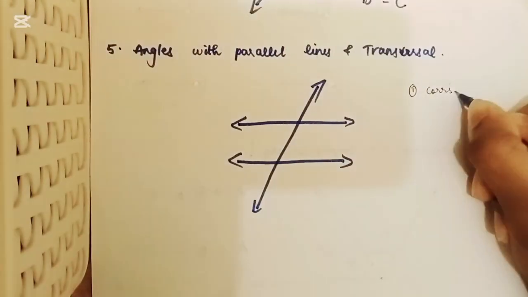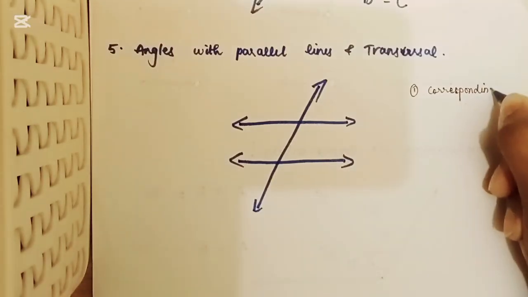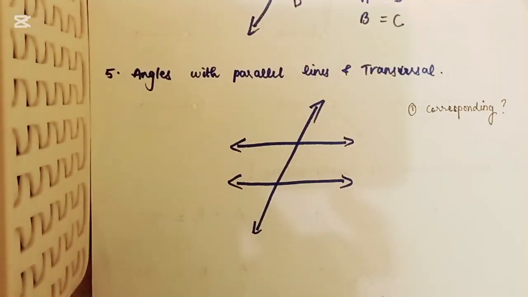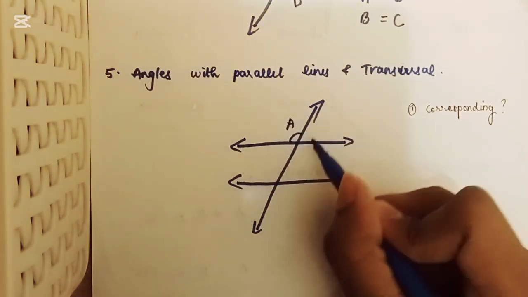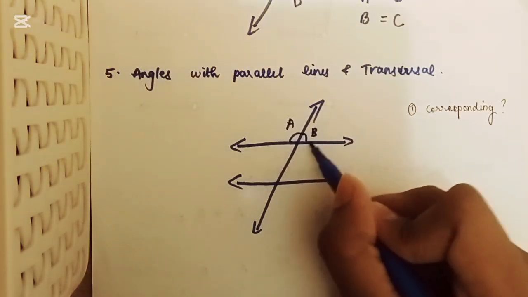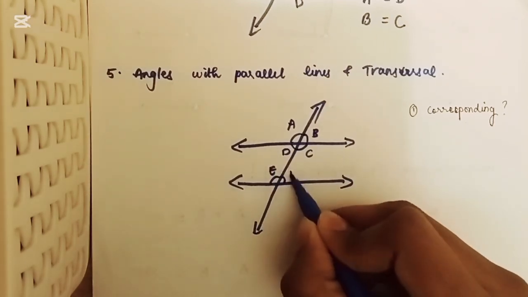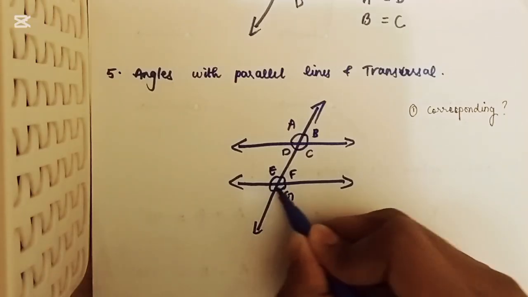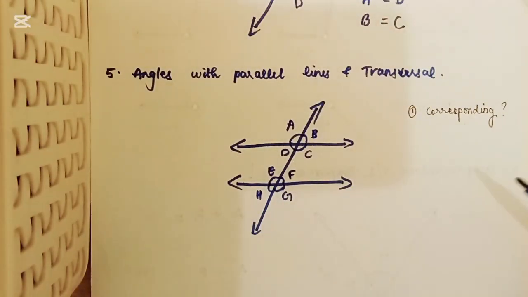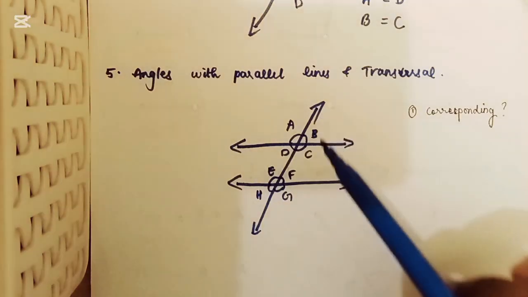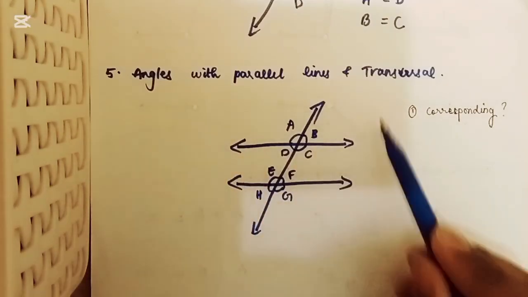Number one is corresponding angles. So what are corresponding angles? For learning the angles, let me name them. Let this be A and then B, C and D, and then E, F, G as well as H. Now, what are corresponding angles? Angles that are found in the exact same location where the transversal and the parallel line meet.